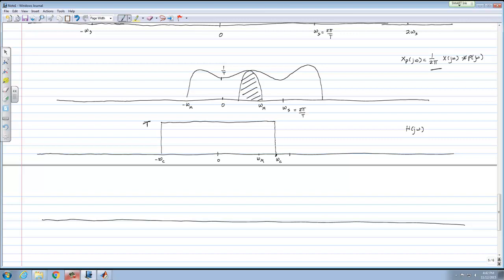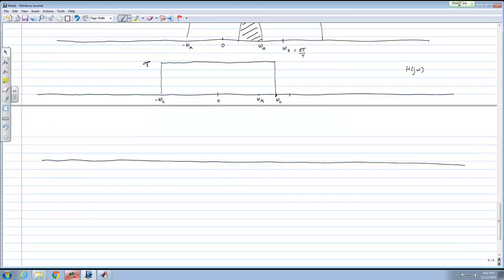Does that make sense? So really what we want is omega s minus omega m to be greater than omega m, or equivalently, omega s greater than 2 times omega m. And omega s is nothing but 2 pi over t.